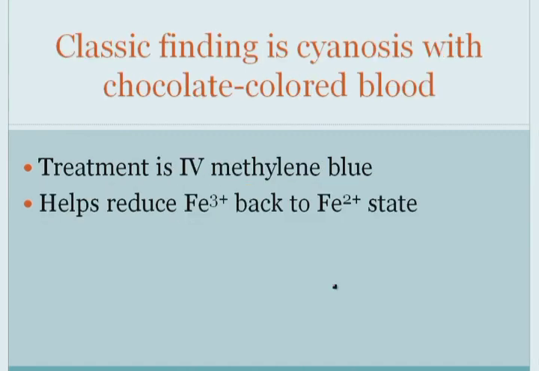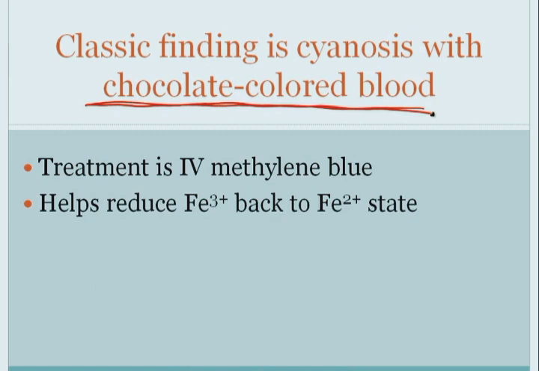The classic clinical finding in methemoglobinemia is chocolate-colored blood, and the patients will be cyanotic. So the buzz phrase is cyanosis with chocolate-colored blood. Now, the treatment is IV methylene blue, and what does IV methylene blue do?